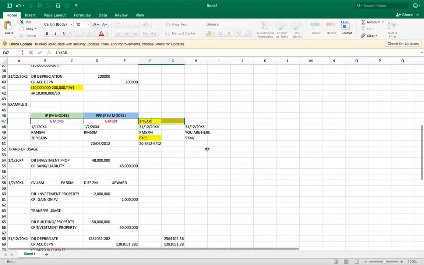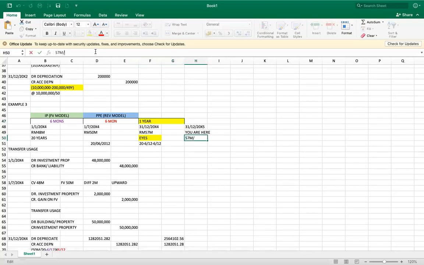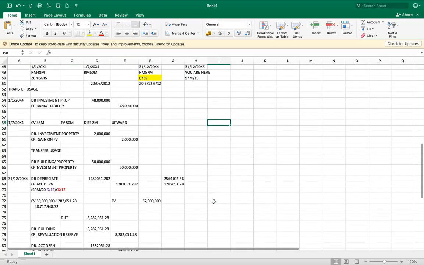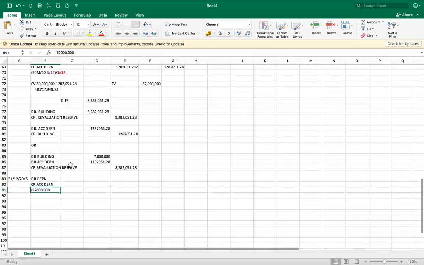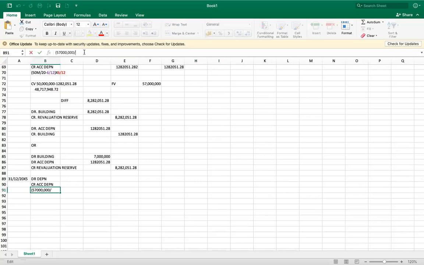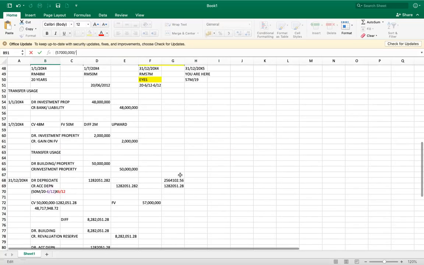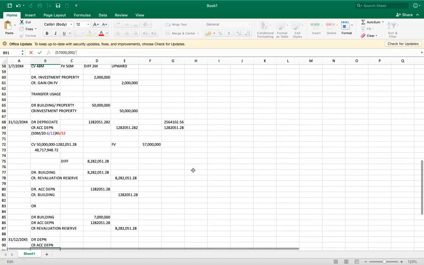So what you can do is 57 million, 20 minus 6 over 12 minus 6 over 12 will become 19. So that's how you calculate the depreciation. We take 57 million and divide by 19 years.